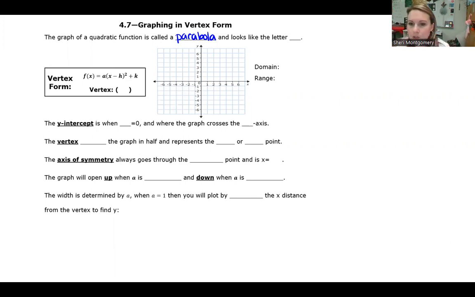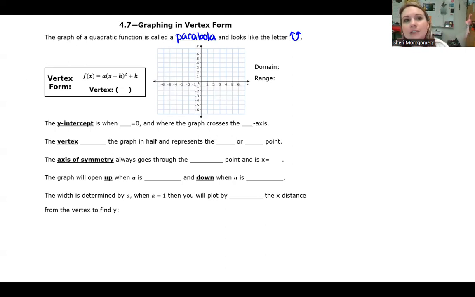U. It looks like the letter U, and that shape for a graph is called a parabola. So all of our graphs today need to look like that.